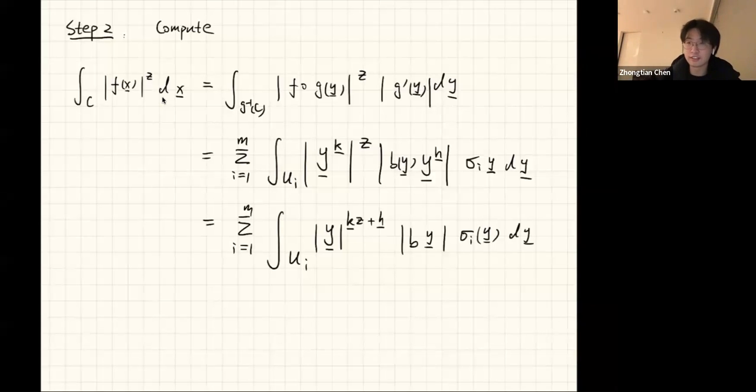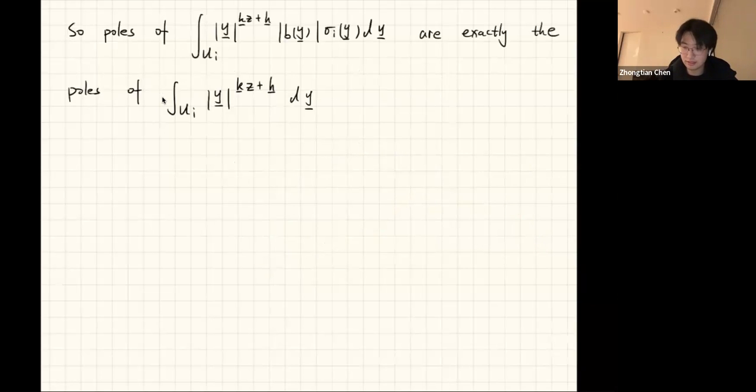Then you can say that the pole of this function will be the same as the pole of this one, for each of U_i. So the poles of our original function are exactly the poles of this function.